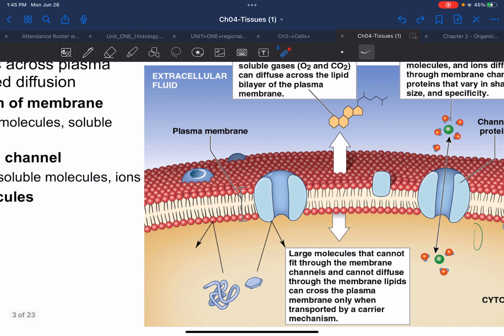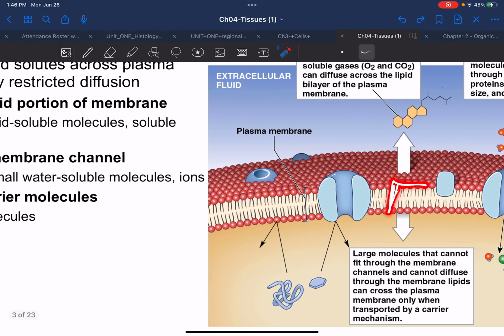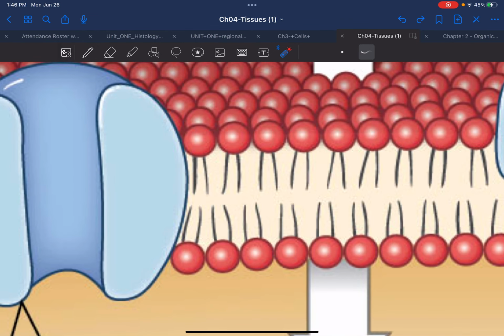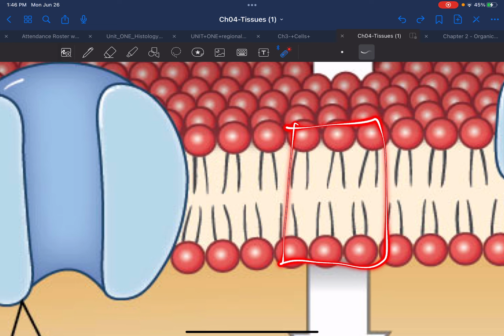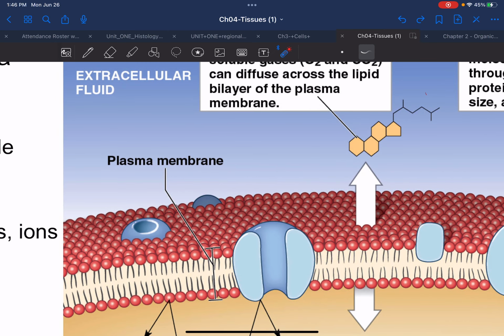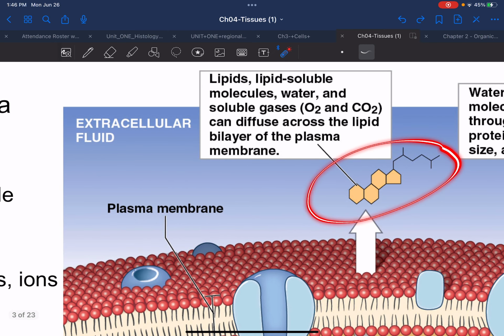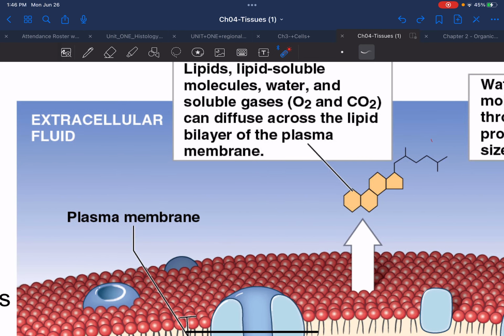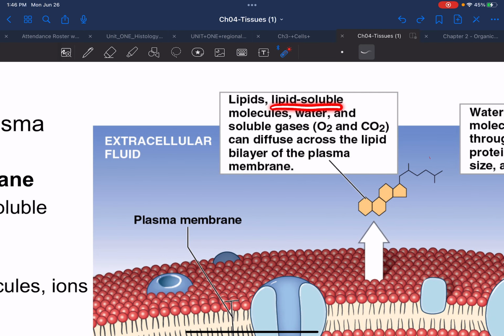And so this particular material, what is it made out of? What organic molecule? What's the entire molecule called? A lipid. So this is a lipid. And so this particular molecule is also lipid soluble.